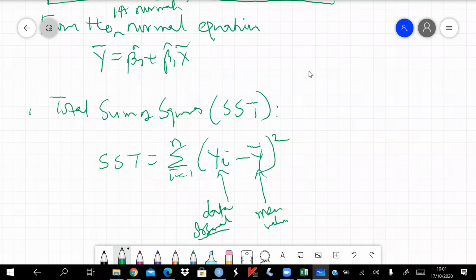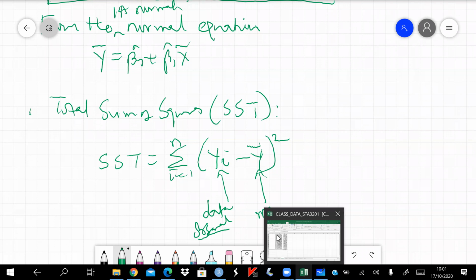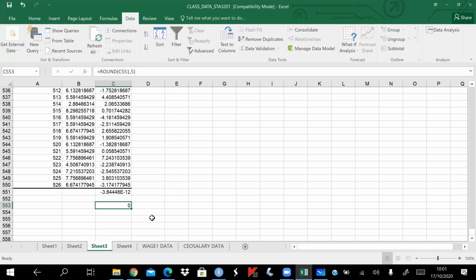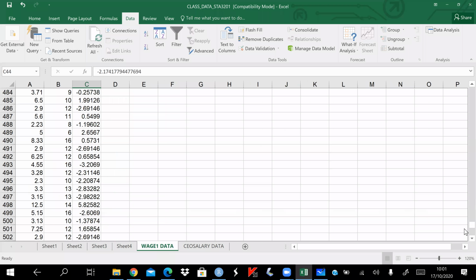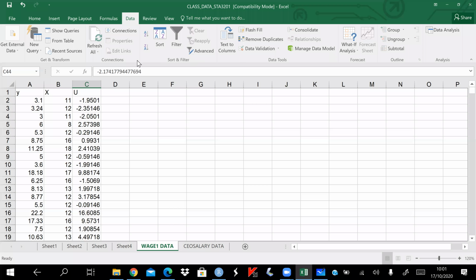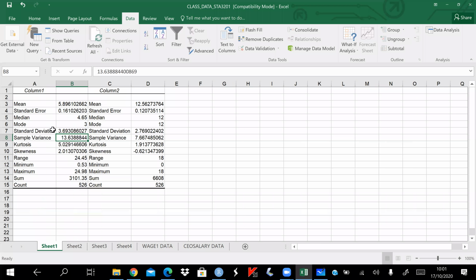So if you go back to our illustration here, this is our y variable. Then we are given y bar. We know the mean of y, and the mean of y was given here.